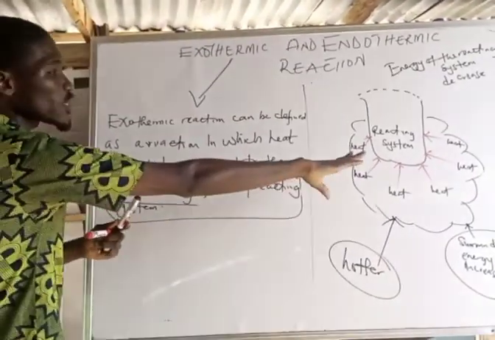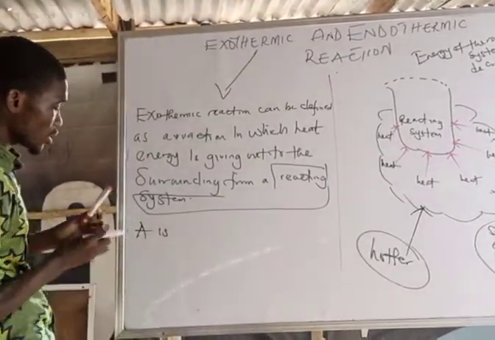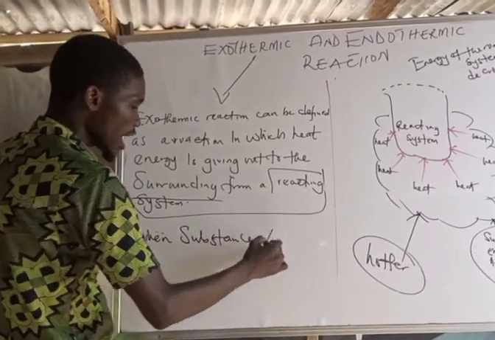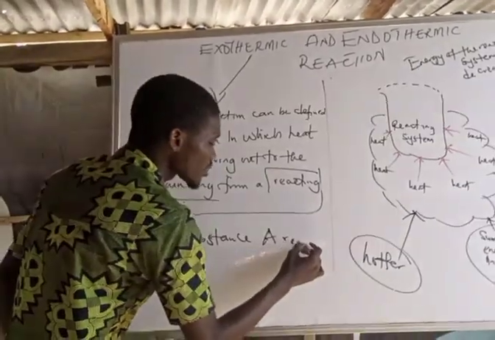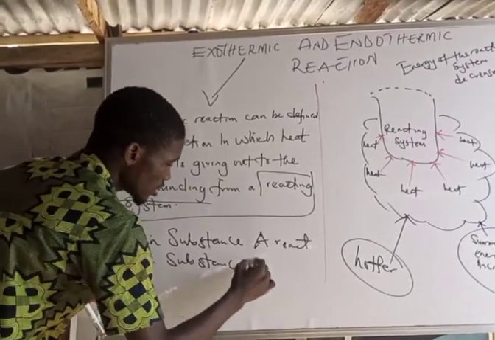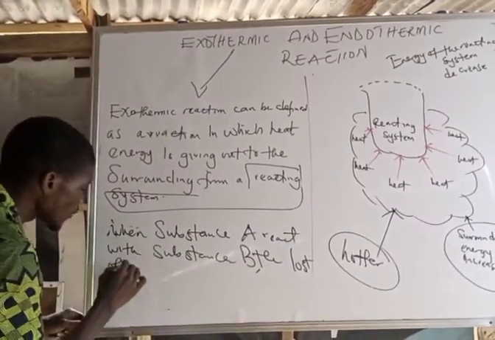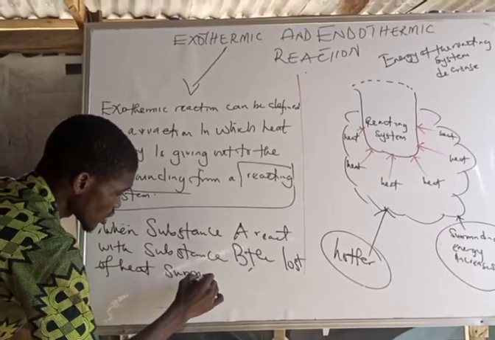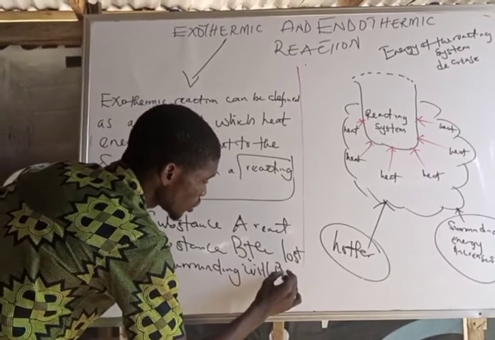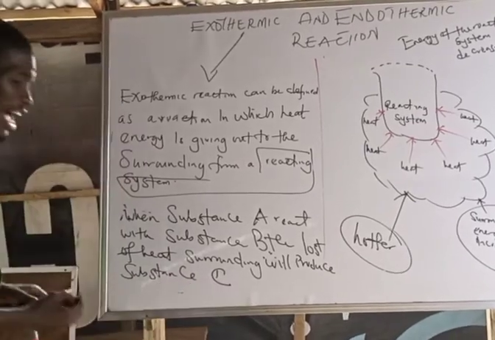So now, with that particular illustration, I can also say that when substance A reacts with substance B, the loss of energy to the surrounding will produce substance C. That's another way of explaining it.